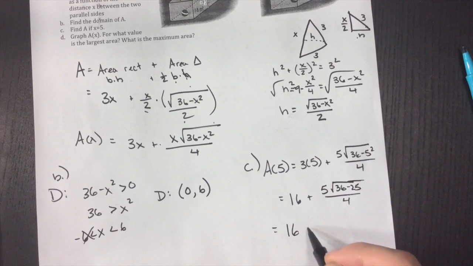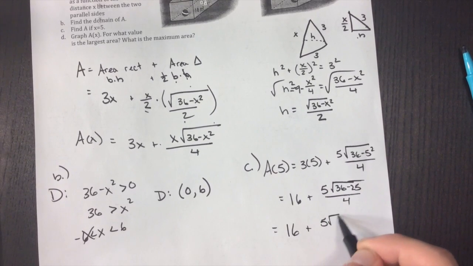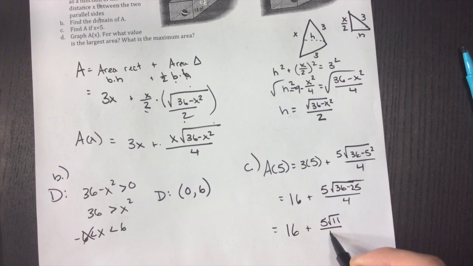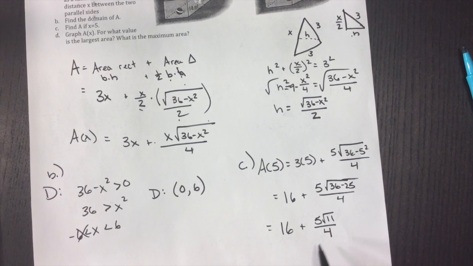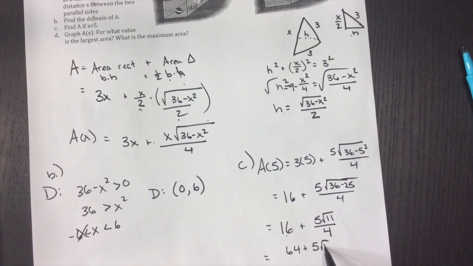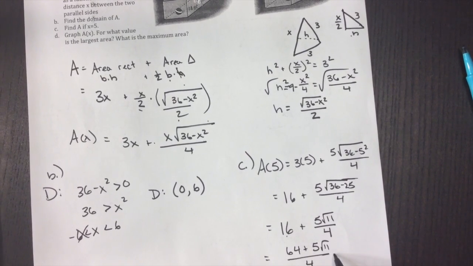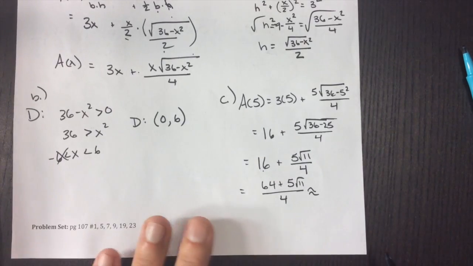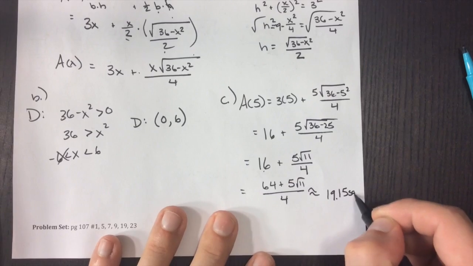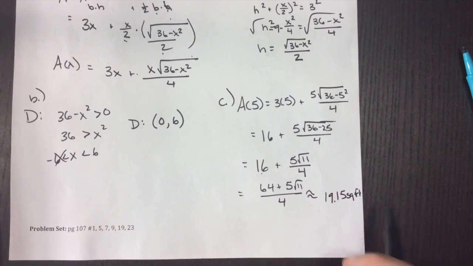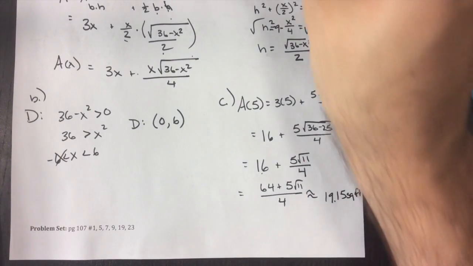So that's 60 plus 5 root 11 all over 4, which is approximately 19.15 square feet.